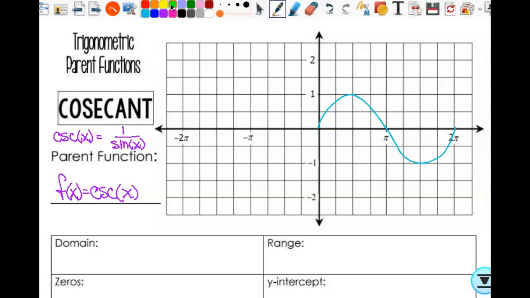So where sine is 0, I'm going to have an asymptote for cosecant. Usually if I'm graphing, I make them dotted lines. Mine are going to be solid, but in a different color. So I have an asymptote here. I can put an asymptote at every 0 that I have for sine. See, having that sine function in the background just helps me get them in the right place.